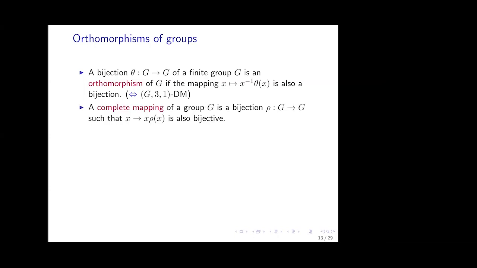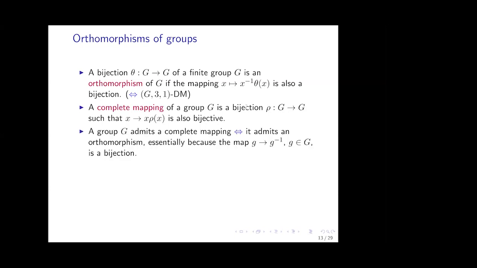And a related concept is named complete mapping. A complete mapping of a group G is a bijection rho from G to G such that x to x times rho x is also bijective. Here, the difference between this concept and the above concept is only that here it is x times rho x, and above it is x inverse times theta x.